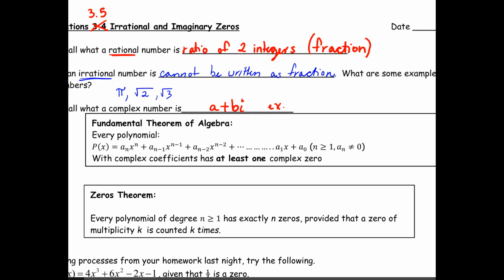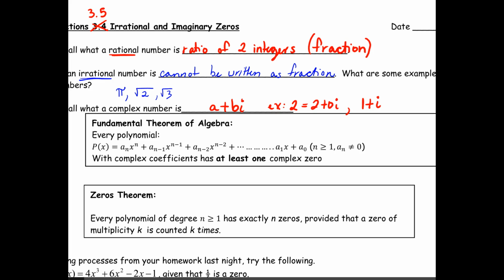Example, if you have the number 2, the reason that that is complex is because it can be written in the format of 2 plus 0i. Or if you have a number like 1 plus I, that's another example of a complex number. It just contains an imaginary component with it.